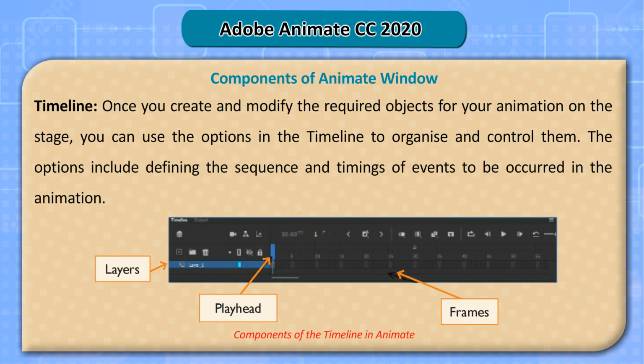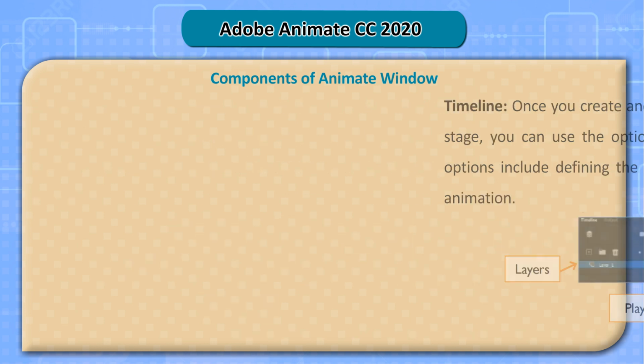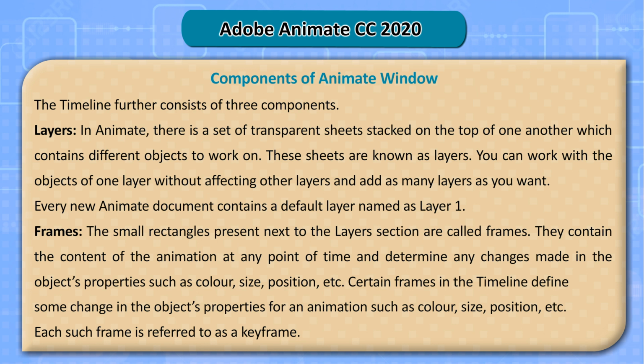Timeline: once you create and modify the required objects for your animation on the stage, you can use the options in the timeline to organize and control them. The options include defining the sequence and timings of events to occur in the animation. Components of the timeline in Animate: layers, playhead, frames. The timeline further consists of three components.